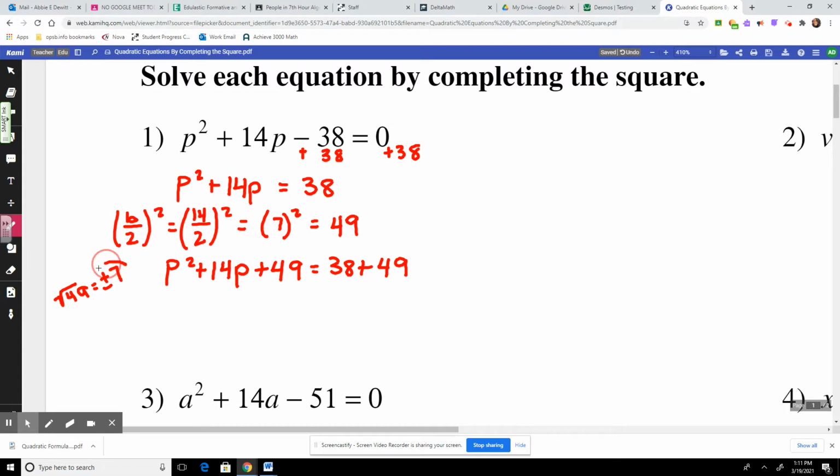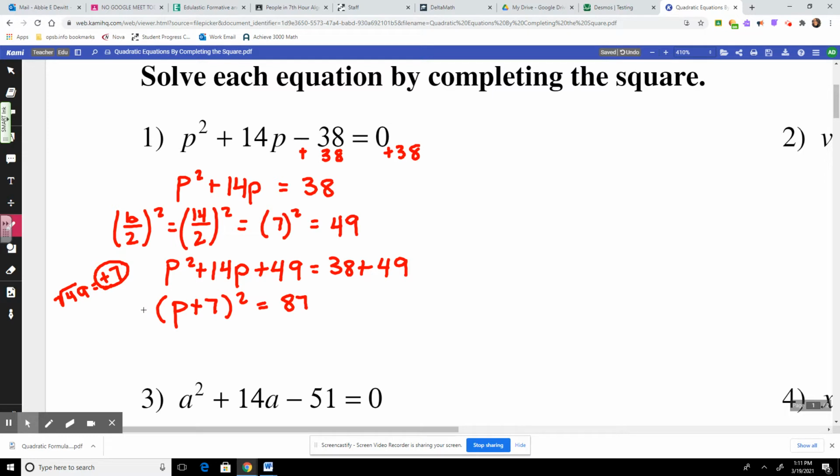So that tells me that my value needs to be positive 7. 7 times 7 is 49. 7 plus 7 is 14. So my perfect square binomial is going to be (p + 7)². This is probably the point where y'all are going to struggle if you didn't understand perfect square binomials back in the factoring section. So (p + 7)² = 87.